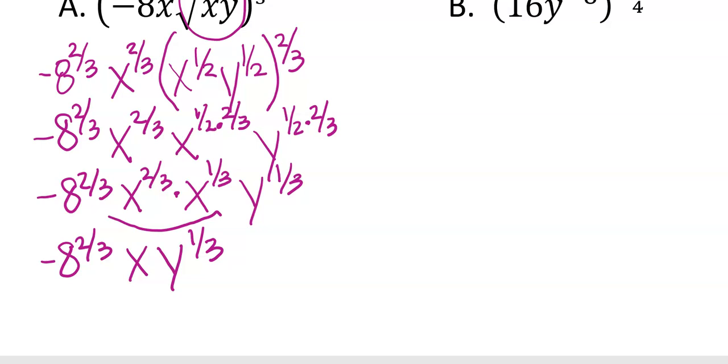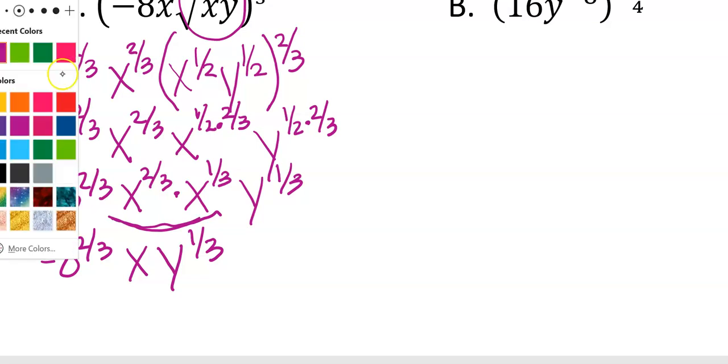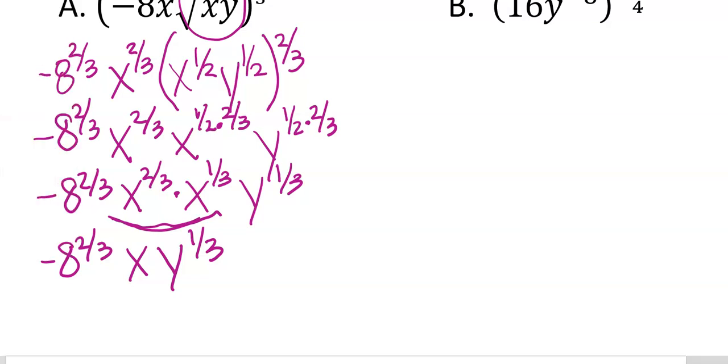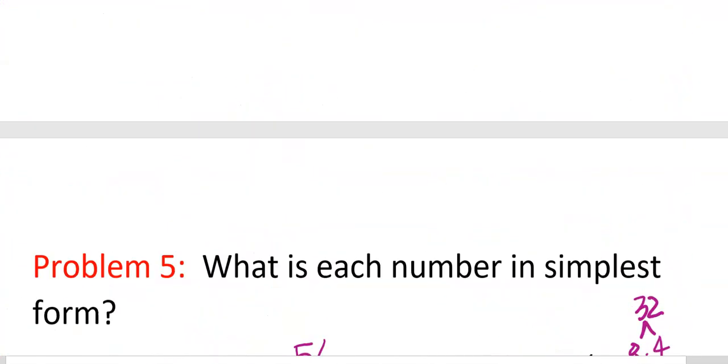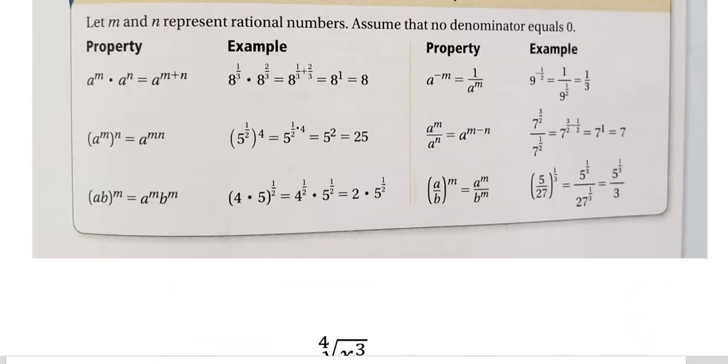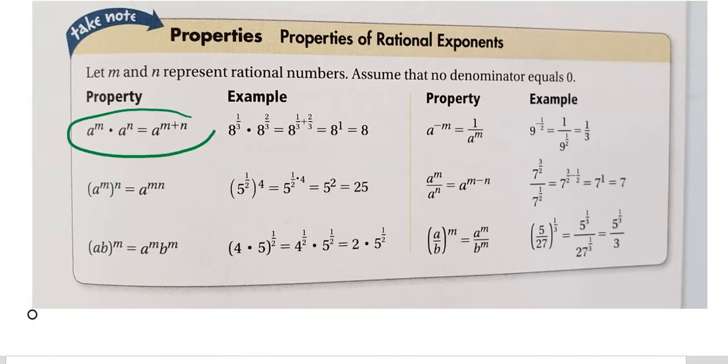How did you, I'm so confused on where you added them. Right here. I'm gonna write this on top. Add. Okay, it didn't change. So there's like a multiplying symbol. Yep. If you have numbers with the same base, like these, you add their exponents.